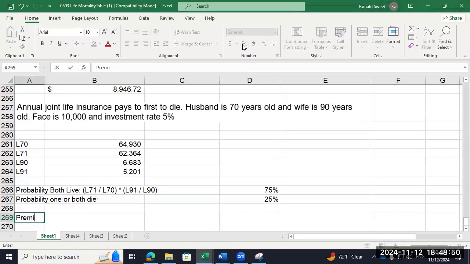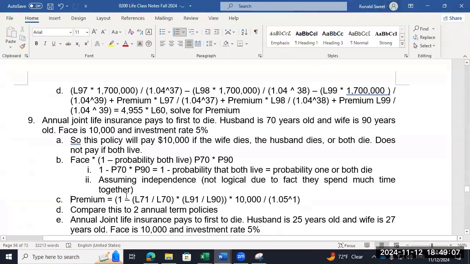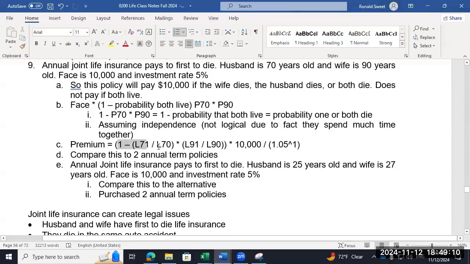And so the premium is going to be 25% times 10,000 divided by 1.05. I don't have it written quite like that in the notes, but there's the 25% right there: 1 minus those 2 things times the 10,000 divided by 1.05.